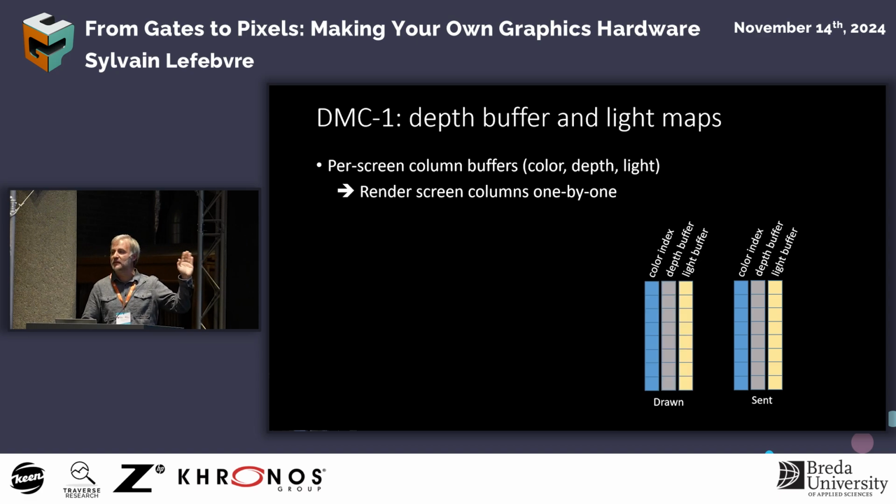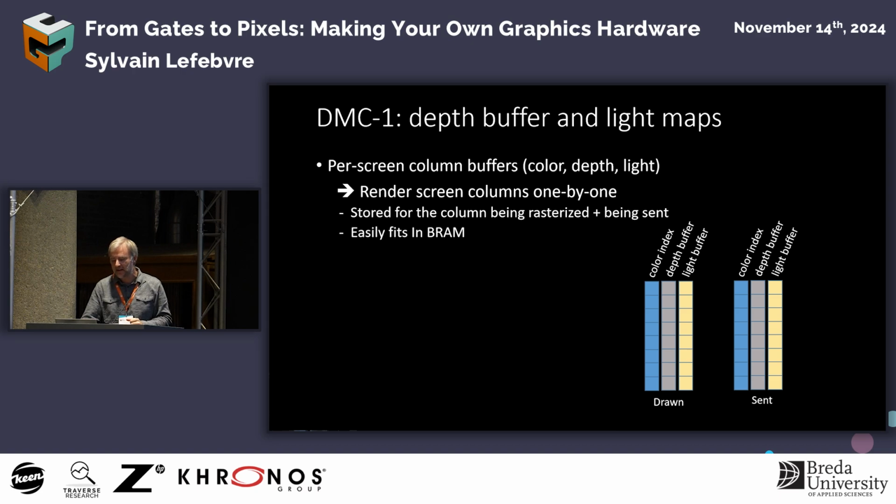Meanwhile, I can rasterize the next column, and I can proceed this way and send the columns to the screen in this manner. So I have a very nice 32-bit depth buffer and an 8-bit light map attached to my columns almost for free. We'll see that, of course, there are some significant drawbacks to this. And yes, this fits very easily in the 15 kilobytes of VRAM of the chip.